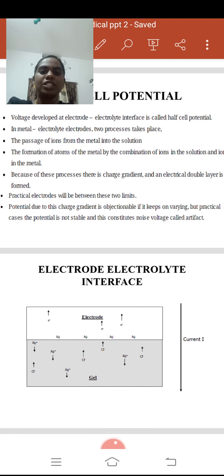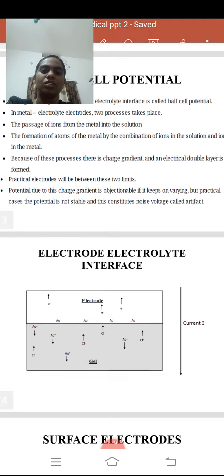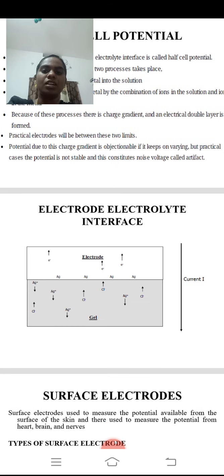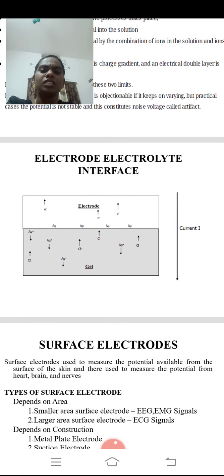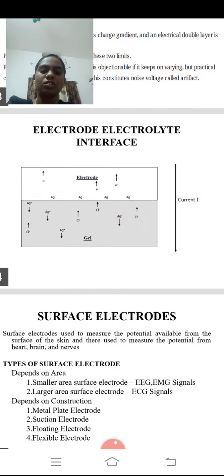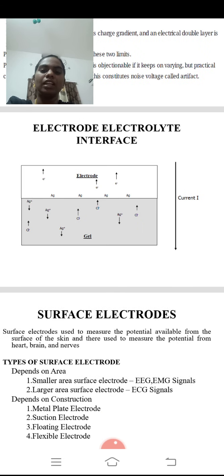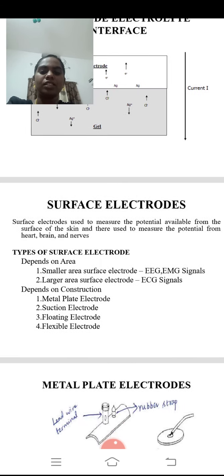Okay. This half cell potential operation occurs in each and every electrode. This basic concept we must all know, because this operation occurs in the surface electrode, needle electrode and microelectrode.